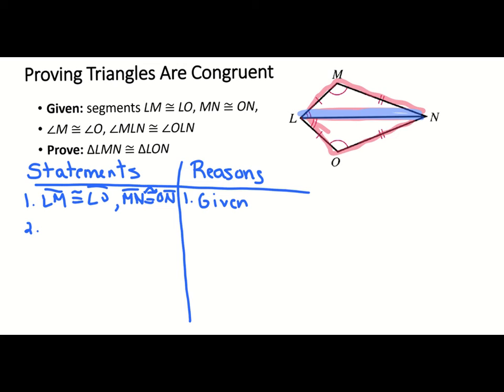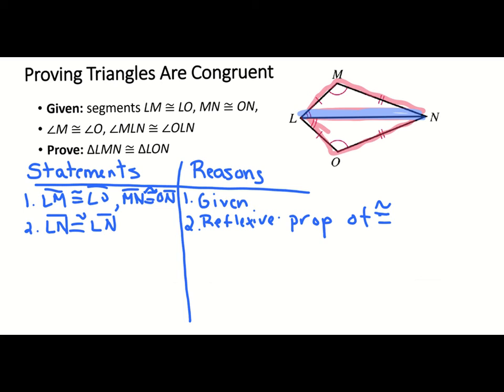So we are going to use our reflexive property and say that LN is congruent to LN, and that is going to be our reflexive property of congruence.